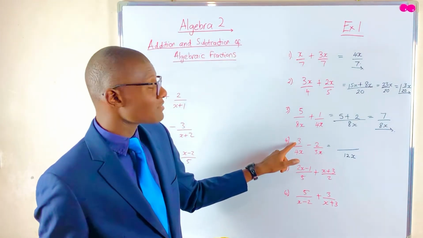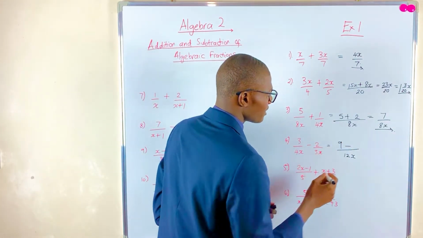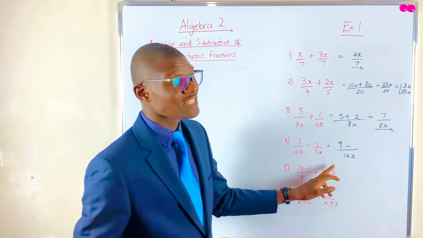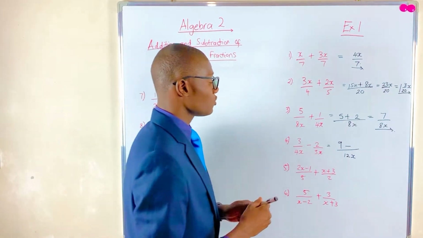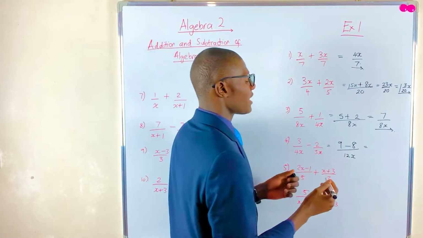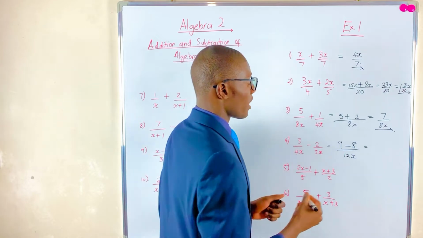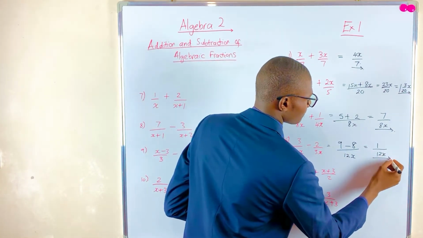Then that 3 times the 3 in the numerator gives us a 9. Minus 3x into 12x gives us a 4. That 4 times the 2 gives us an 8. Such that 9 minus 8 will give us a 1. And then the final answer would be 1 over 12x.